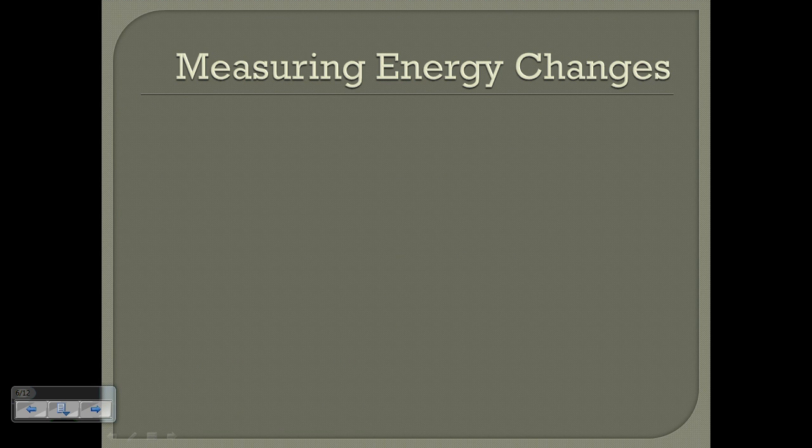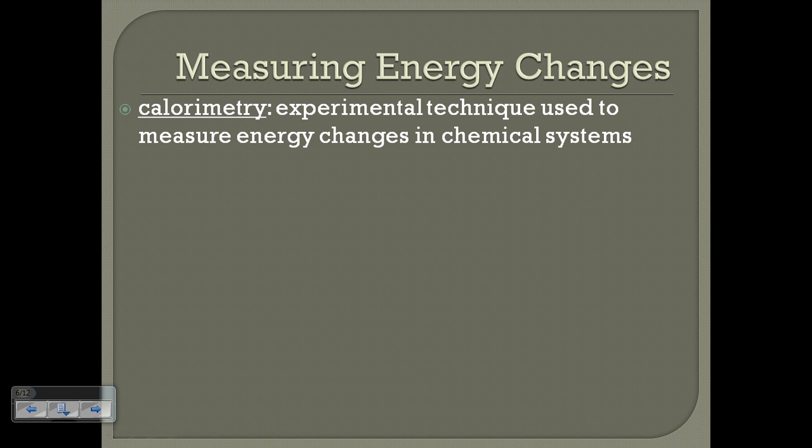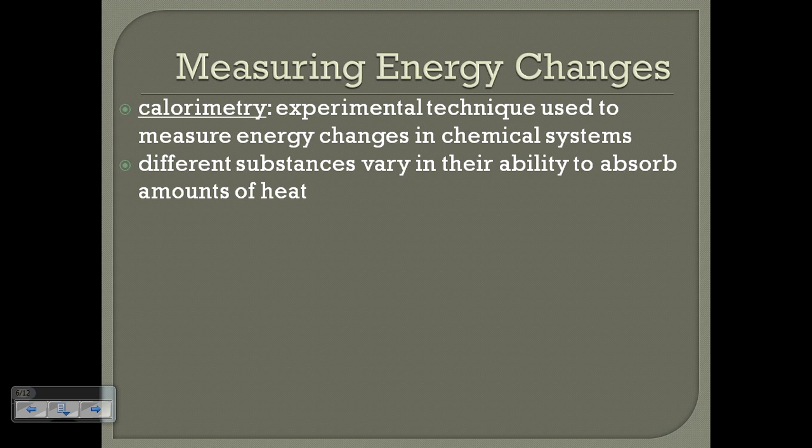All right. How do we measure these energy changes in chemical reactions? Well, there is your new best friend for this unit called calorimetry. This is a technique that we're going to use many, many times to measure the energy changes in chemical systems. Different substances can vary in their ability to absorb amounts of heat.